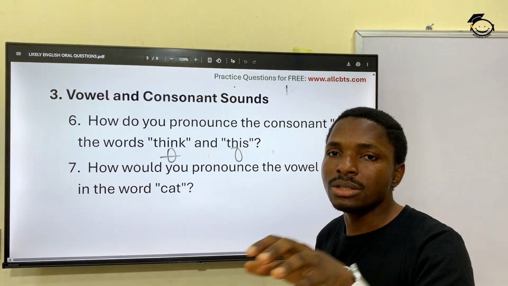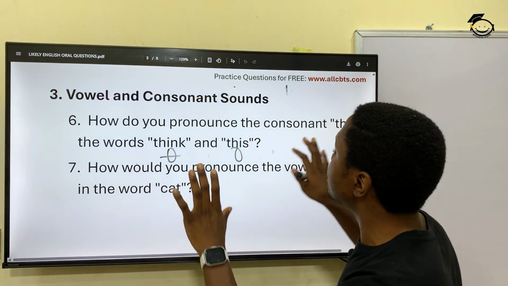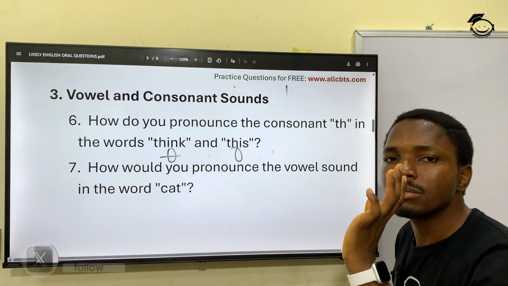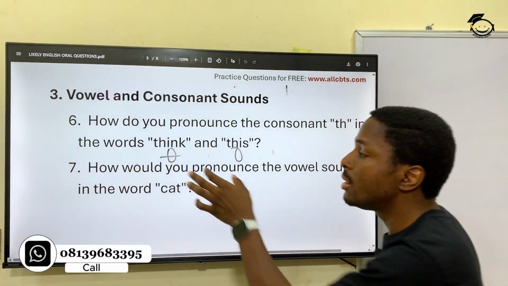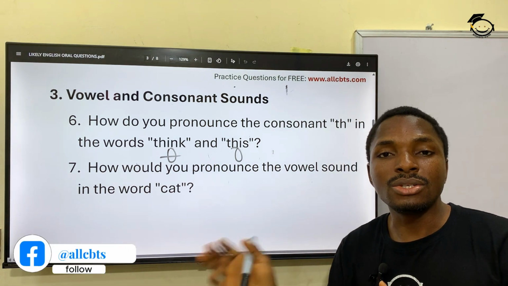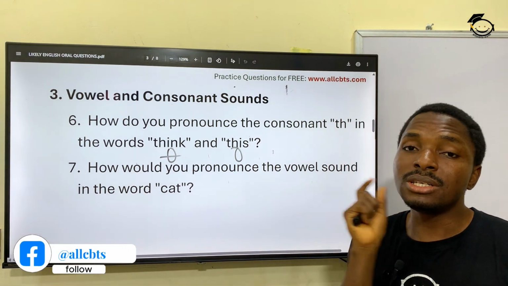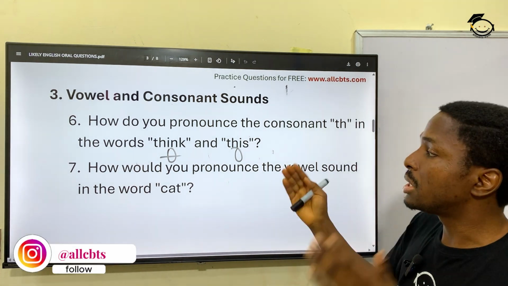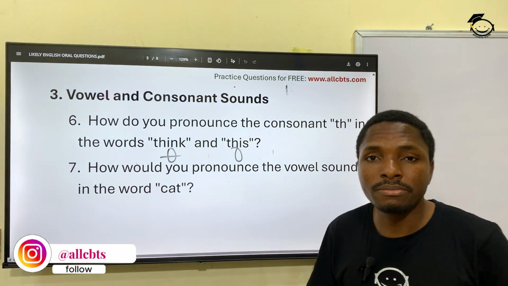All you need to do, if you see this question, is first pronounce the words. Think. You can see the ink, it's the only one that comes out of your mouth. TH cannot be found, so that's voiceless. And this one, so you can contrast between the two.